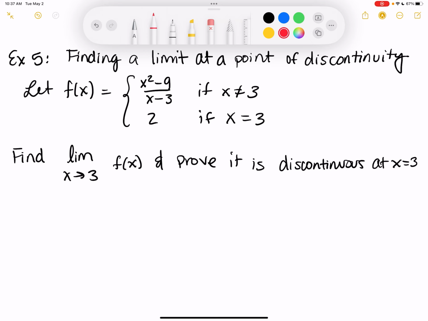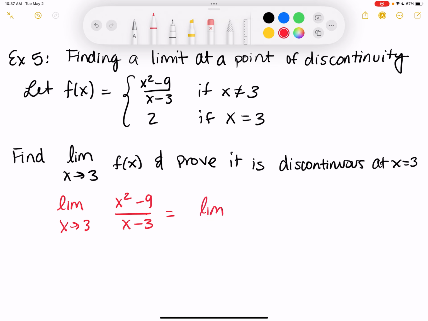All right, so the limit as x approaches 3 of x squared minus 9 over x minus 3. But if I plugged 3 straight in, what's going to be the problem? It would be undefined, 0 on the bottom. So I want to see if there's something I can factor.